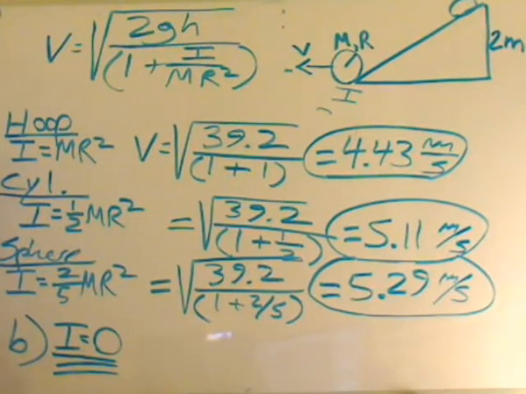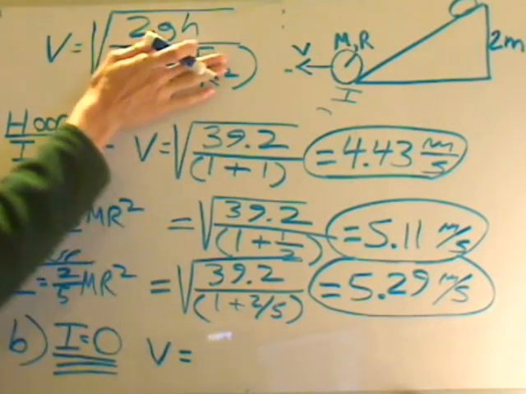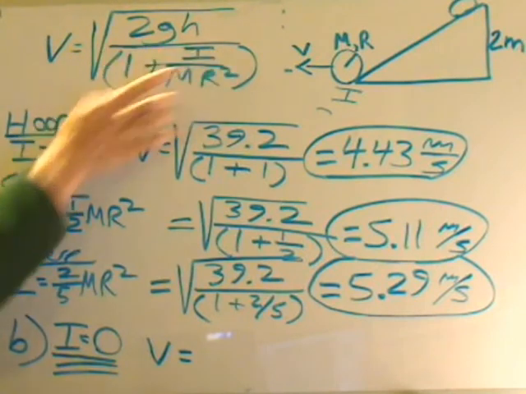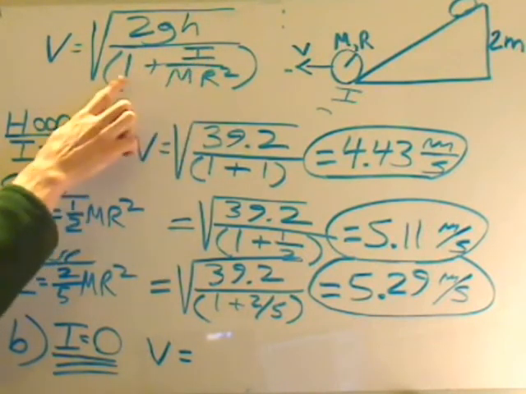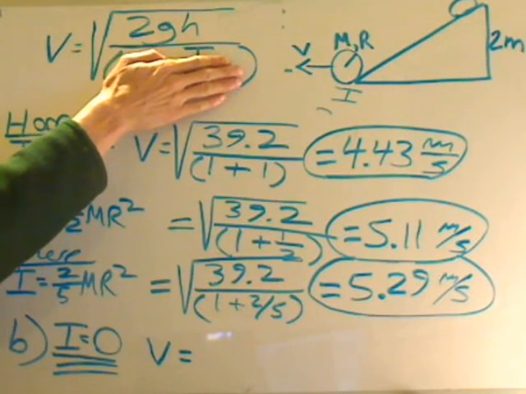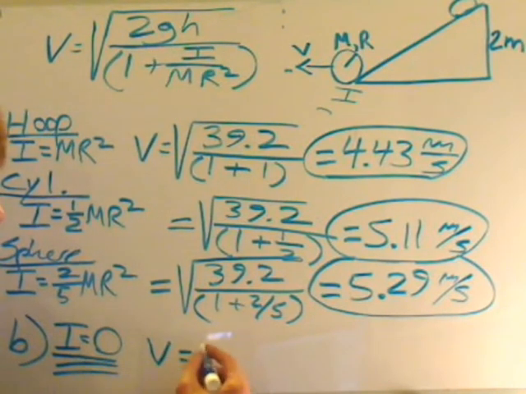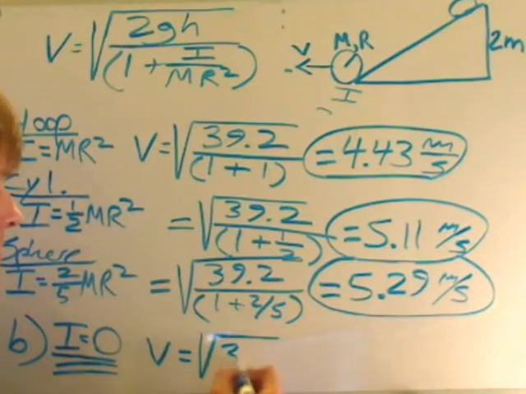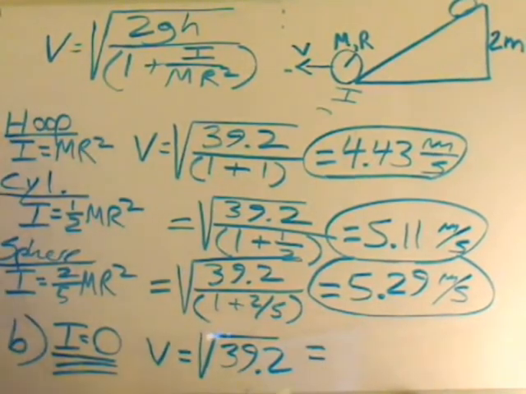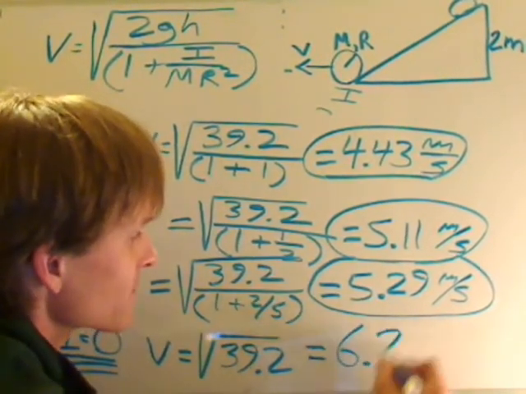If that's the case, the velocity just becomes the square root of 2gh. The moment of inertia term is 0, the denominator becomes 1, and it's the square root of this 39.2 number. That gives you 6.26 meters per second.